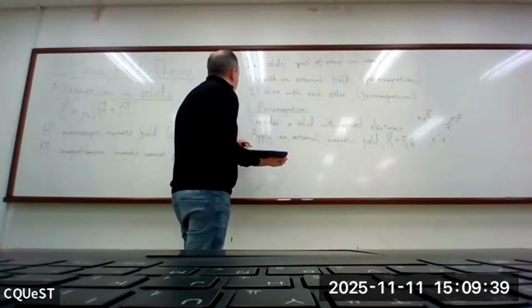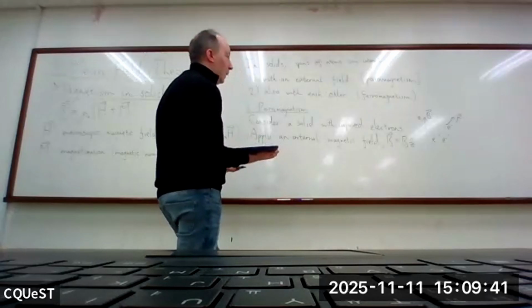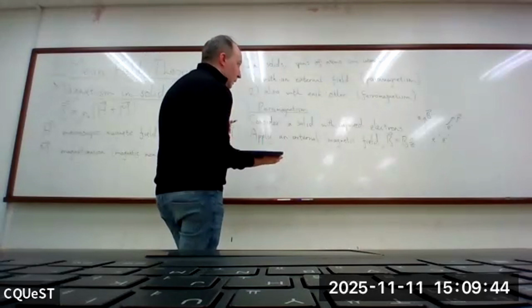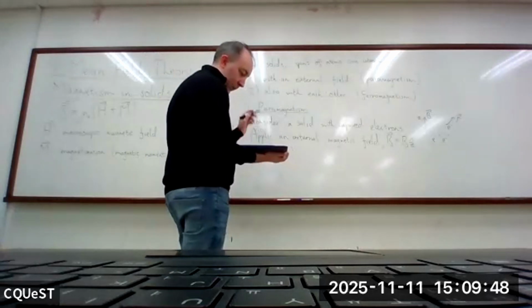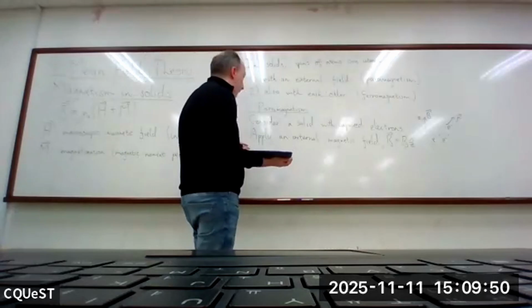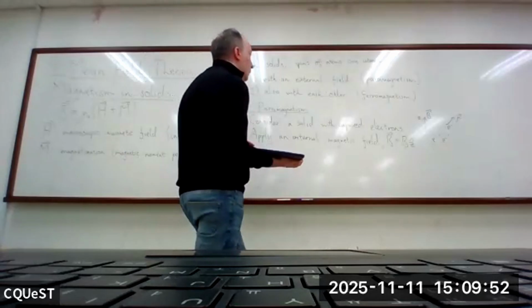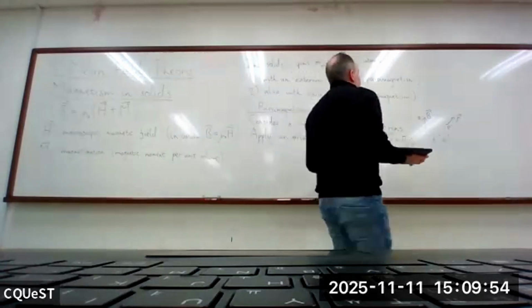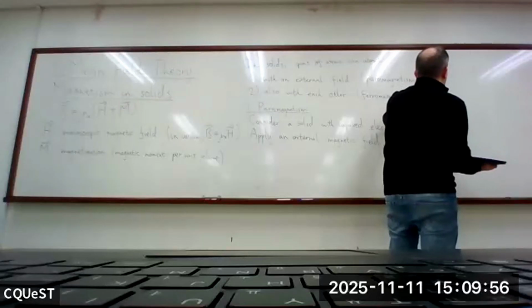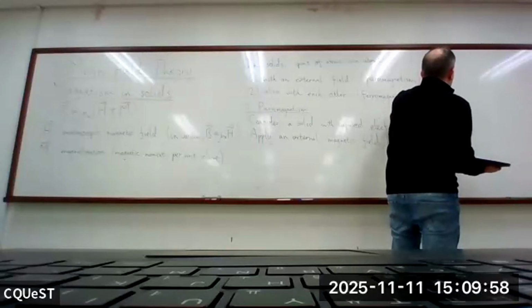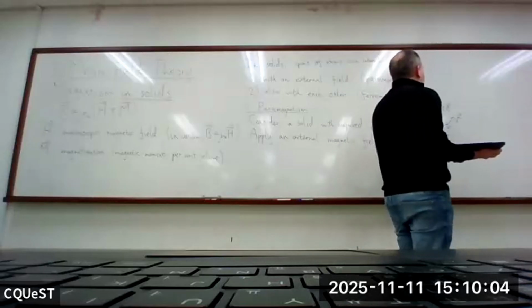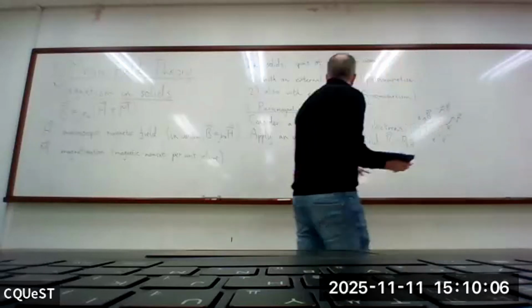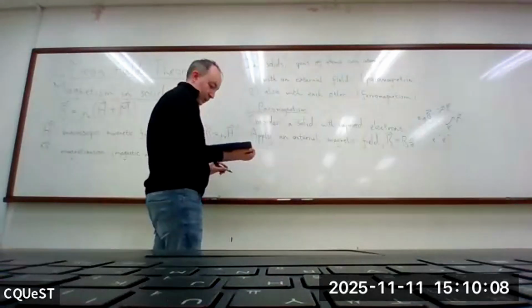To study the situation, first we need to know the magnetic moment of these unpaired electron spins. In particular, since the interaction is given by minus mu dot B, which gives the energy, the relevant component will be the z component of the magnetic moment.